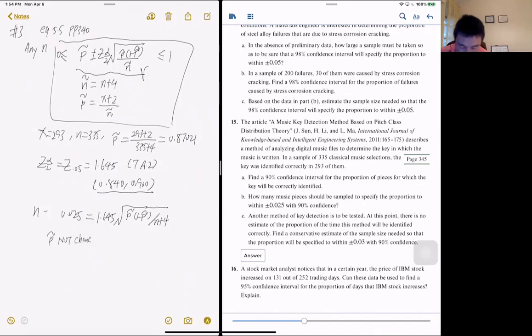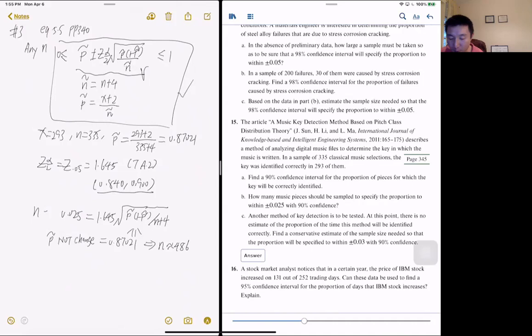The only thing that changes is that the sample size will be increased. So the sample proportion will not change, which is equal to 0.8711. From there we plug into this equation, and we get the n value. The n value is around 486.